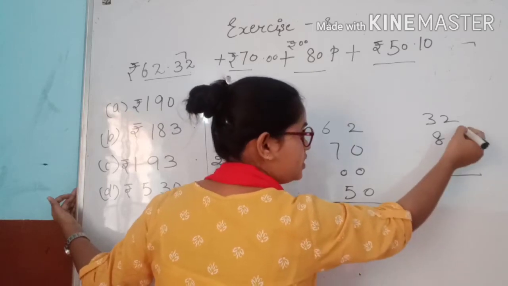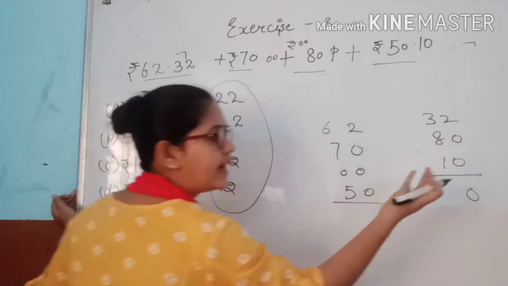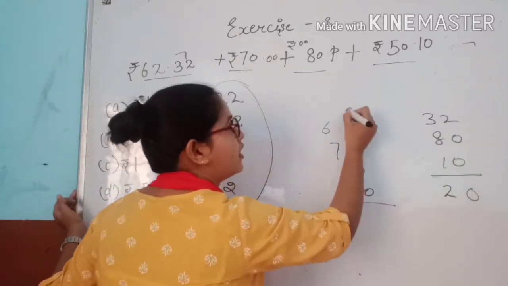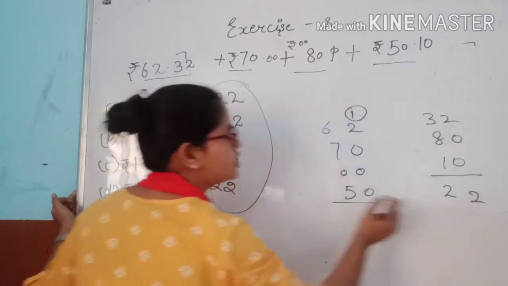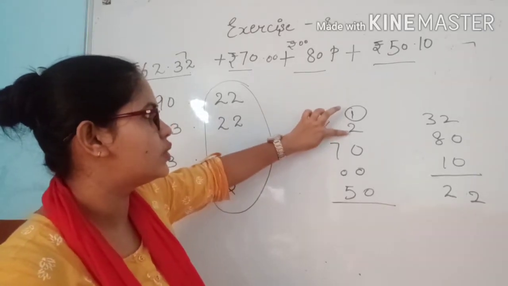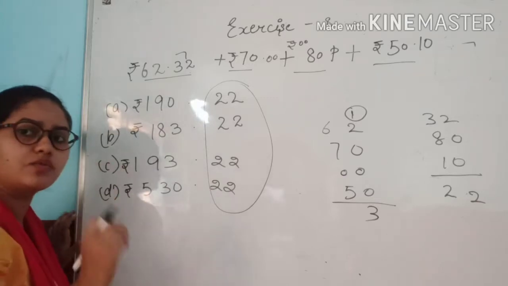Okay. 2, 0, 0, 0, and 3, 8, 8, 9, 10, 11, 11 and 12. 12, 1 will be here. Okay, 2 will be here, so this one is 22. 1 is going to carry. So here is 3, the third digit we have now.